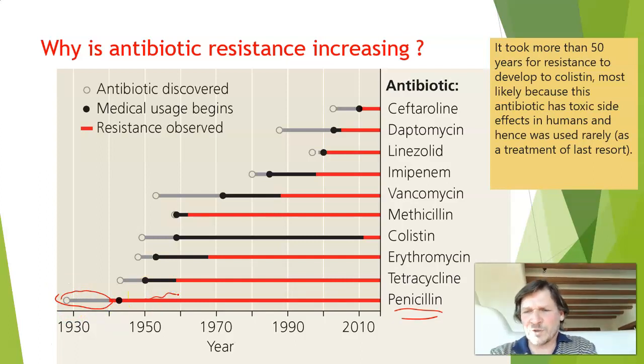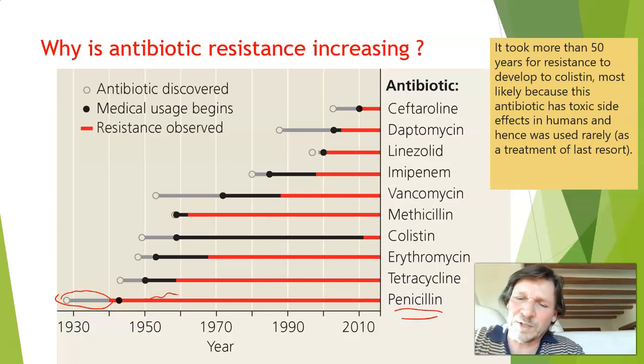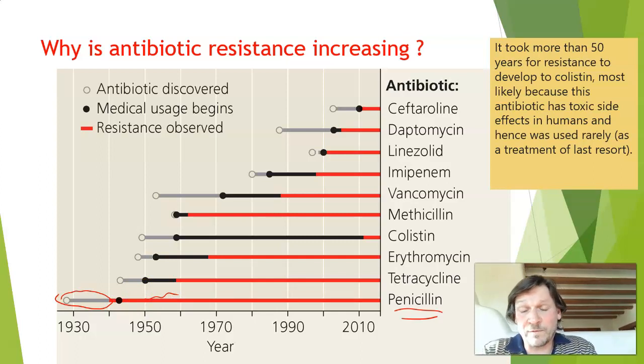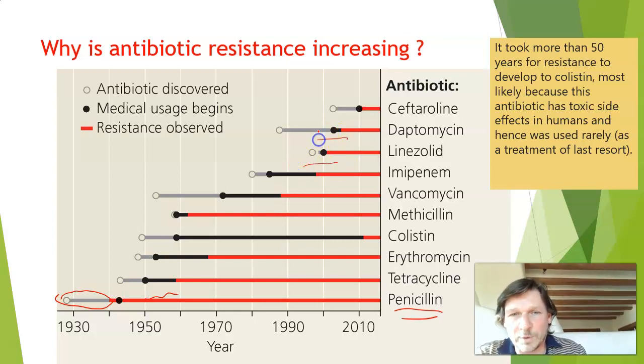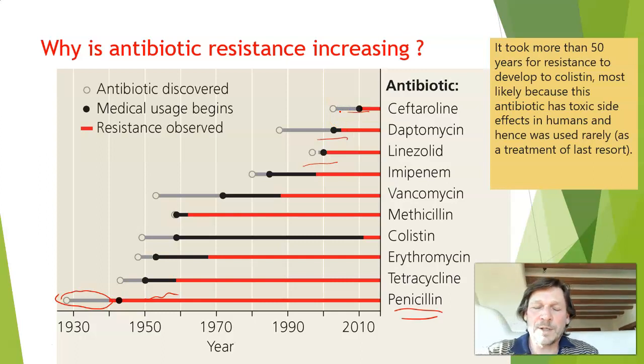And there's lots of strains now that are completely resistant to penicillin, and so it's not used nearly as much as it used to for a variety of reasons, but one, of course, is that so many things are resistant to it. And if you look in this amount of time, so many of these ones, some of them just about immediately after they're released, they start becoming resistant. And so we'll talk about why that's taking place.